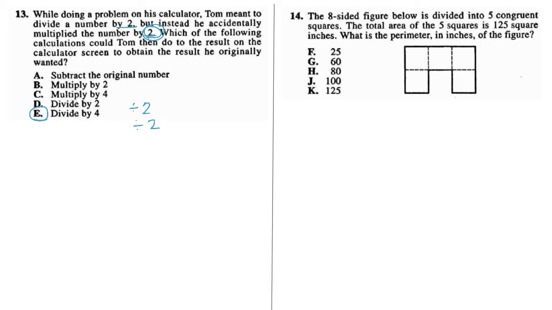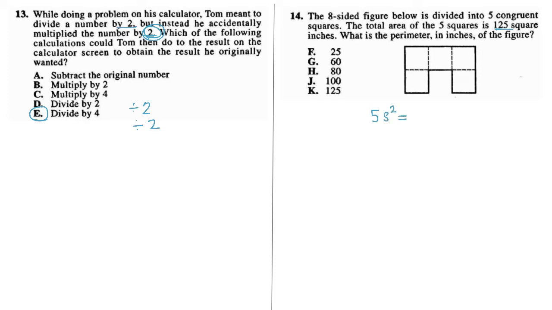Number 14, the eight-sided figure is divided into 5 congruent squares. So 5 congruent squares means that they're all equal. The total area of the 5 squares is 125. To find the area of a square, it's side squared.